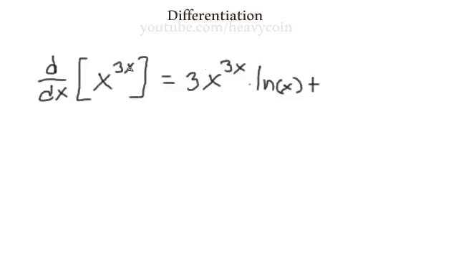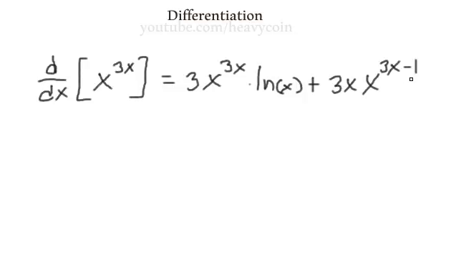So that means you take the 3x and bring it out front. Where are we at? I better be looking at this one over here. Taking the 3x and bringing it out front, writing everything. And then remember, we have to subtract 1 from the exponent.